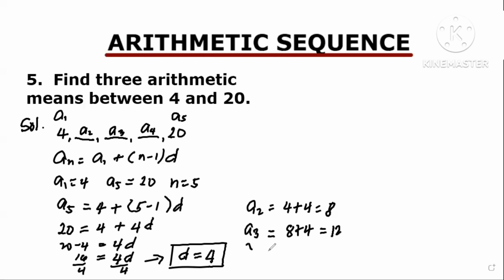And finally, to solve for a sub 4 is equal to a sub 3 plus d, or 12 plus 4 equals 16. So, the arithmetic means between 4 and 20 are 8, 12, and 16.